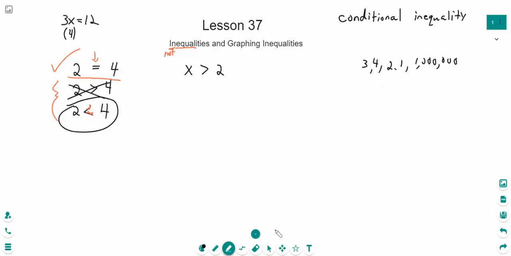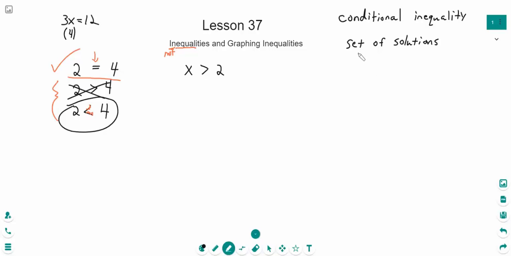The first thing to recognize is that when we have inequalities and we're told to find the solution, we need to remember that the solution is going to be a set of solutions, which just means that there will be many solutions. It's a whole set of them.